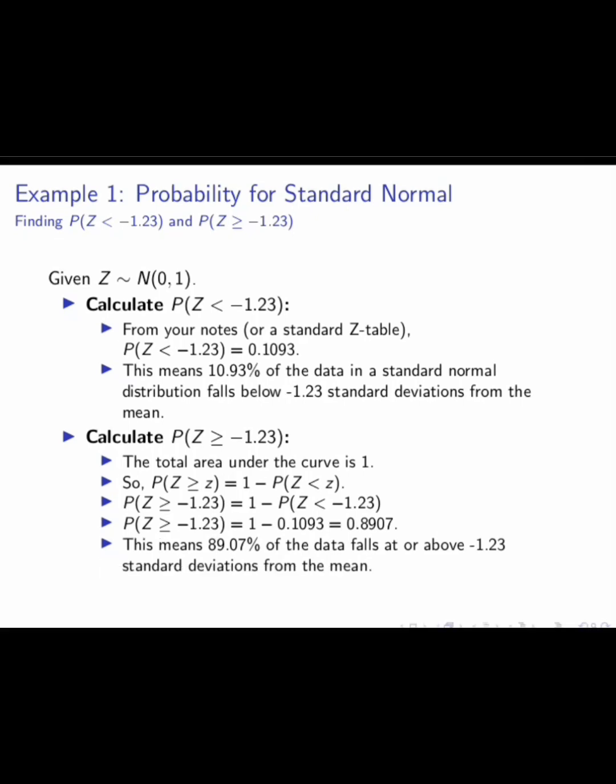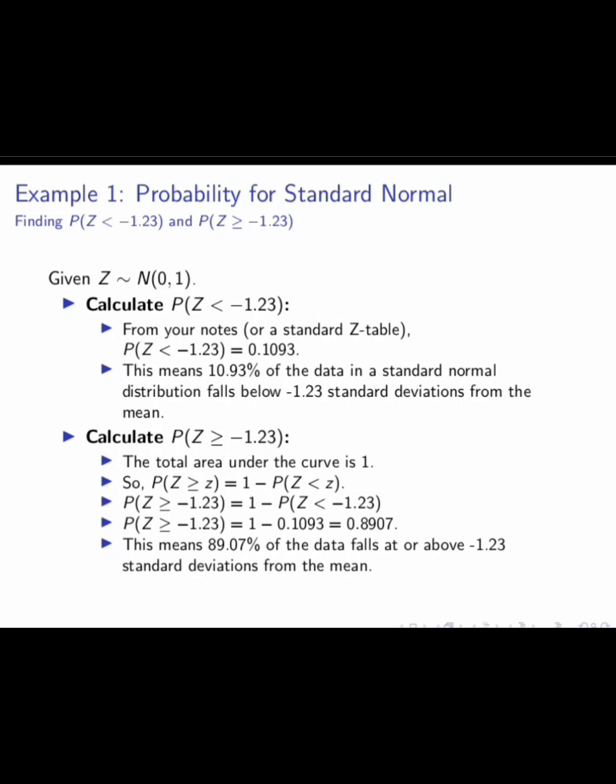1.23. Now if you check the graph that I sent, we have the left-hand vertical side of the graph, and we have the horizontal side of the graph. By doing this, we calculated the probability of Z less than minus 1.23 to be 0.1093.